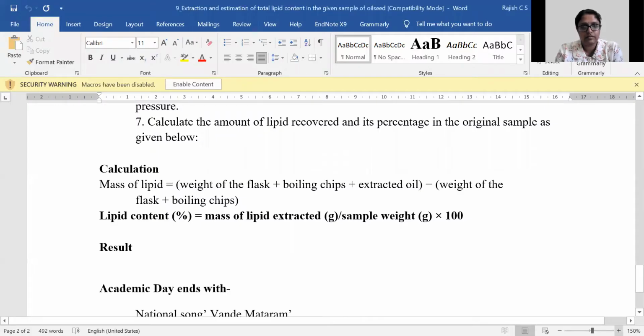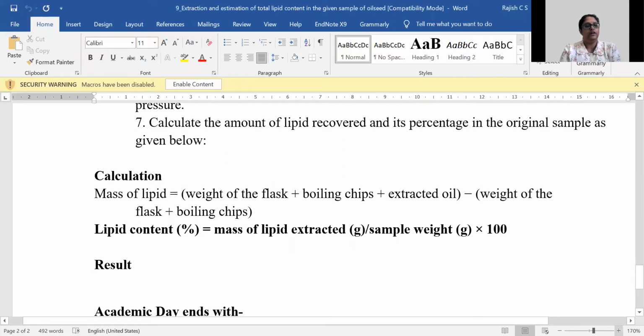So if you need the weight of lipid that has accumulated from, say, 60 grams of the oil seed that you have used, then you will be taking the lipid content in percentage.